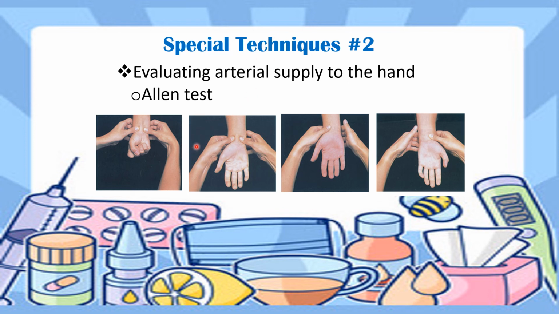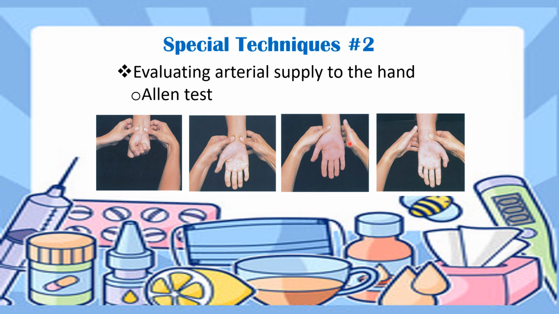The patient should rest with hands in the lap and palms up. As you can see in the picture, you ask the patient to close the hand, and then you occlude both the ulnar and the radial arteries, and then you ask the patient to open the hand.